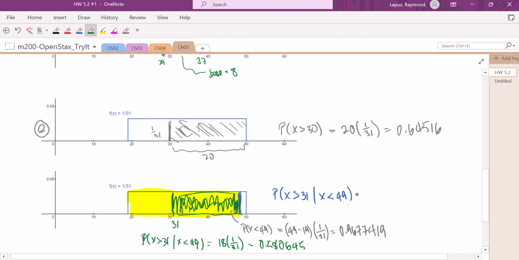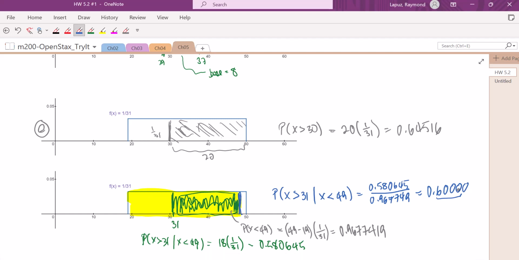This is going to go in the numerator, 0.580645, and then we're going to divide that by 0.967749, and we will get about 0.600, a bunch of zeros that eventually get to a 2, but rounding off to 4 decimal places it's just going to be 0.6.